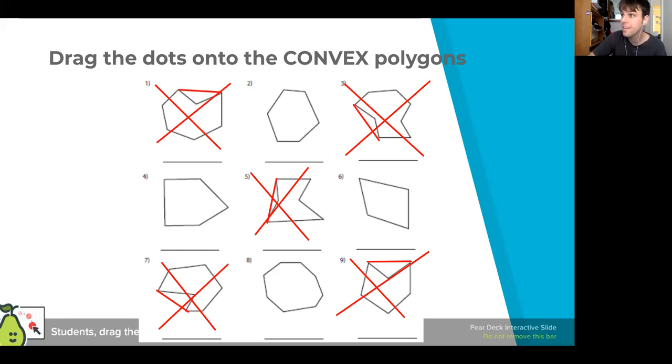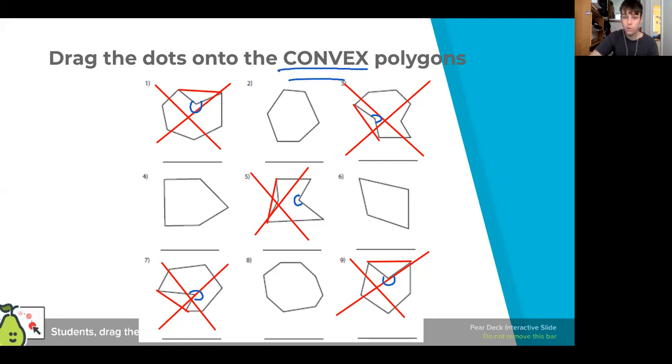We could have also looked at the angles here to help a little bit, right? This angle greater than 180, this angle greater than 180, this angle here greater than 180, this one here greater than 180, this angle here greater than 180. All of those would have identified these as concave. So all the ones with X's are concave. The remaining shapes, number 2, 4, 6, and 8, are all convex.